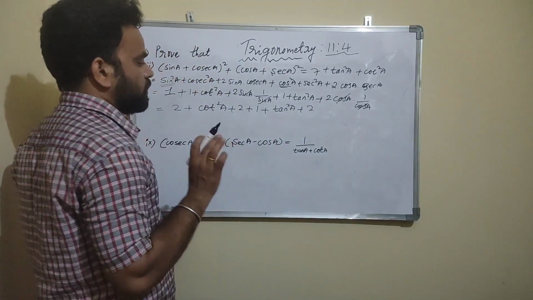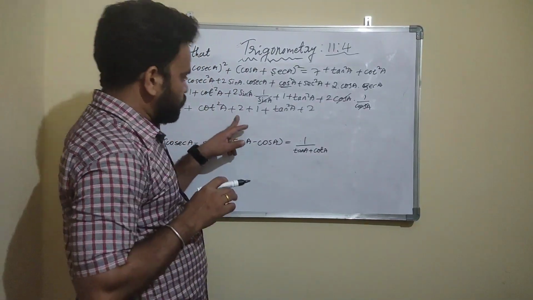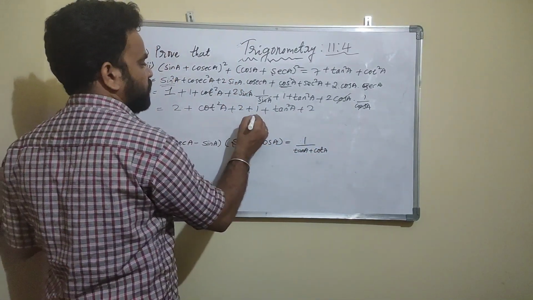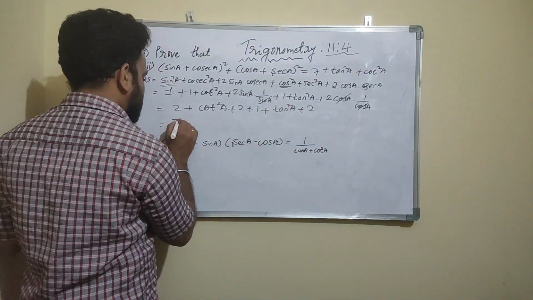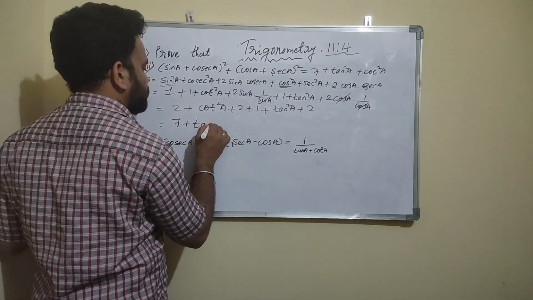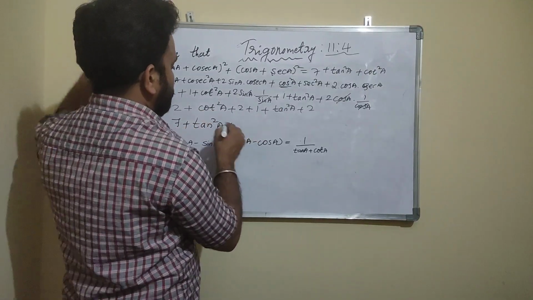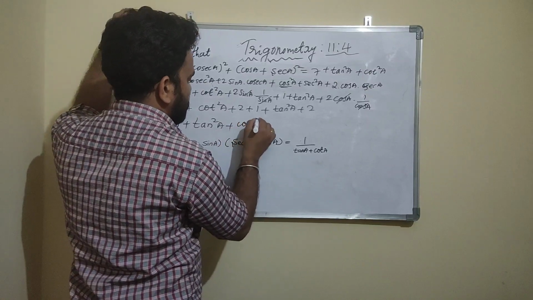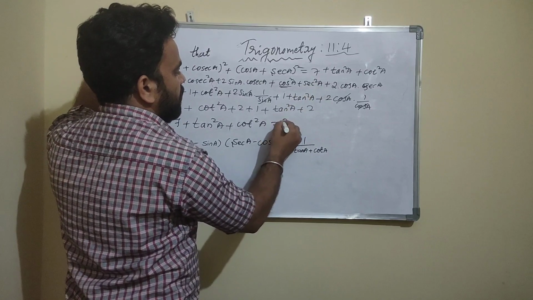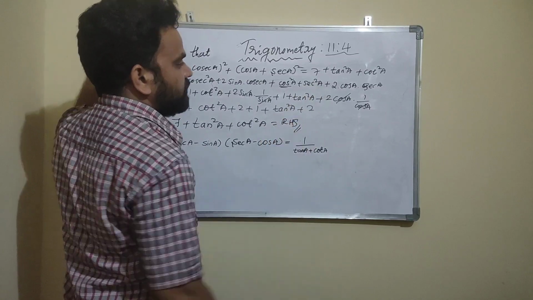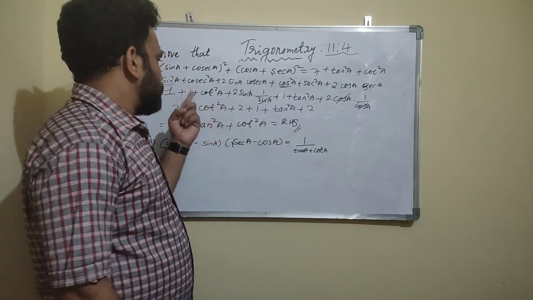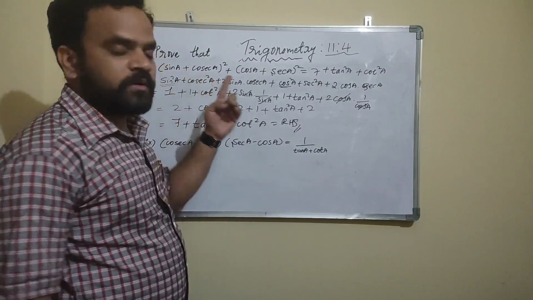Now you just go on counting the numbers here. 2 plus 2 plus 1 plus 2 is how much? 2 plus 2 is 4, plus 1 is 5, plus 2 is 7. 7 here, tan square a, here cot square a is remaining. And what is this? 7 plus tan square a plus cot square a is our RHS. Is that clear? Simple formulas we used, two identities we used, that is second and third identity, and (a plus b) whole square formula used.